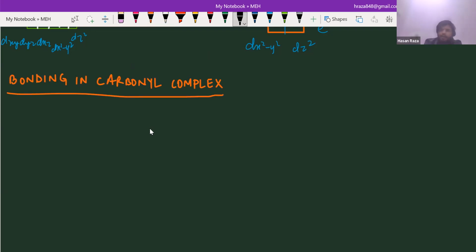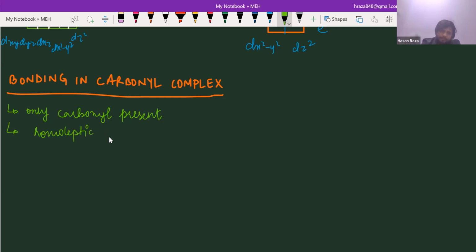In carbonyl complex, it is basically a homoleptic complex. Only carbonyl is present. Carbonyl is a ligand. So one type of ligand, that means it is a homoleptic complex.